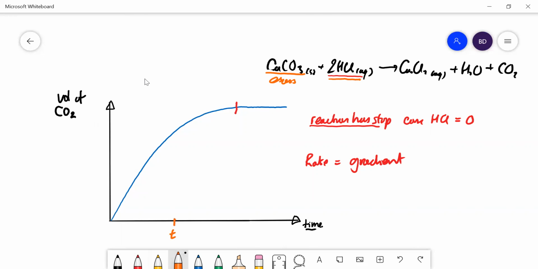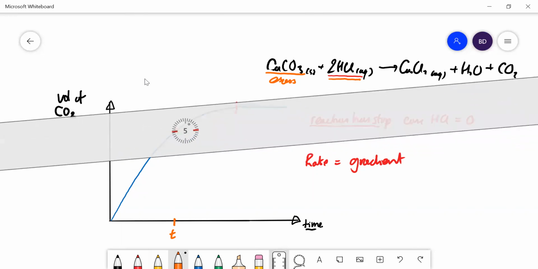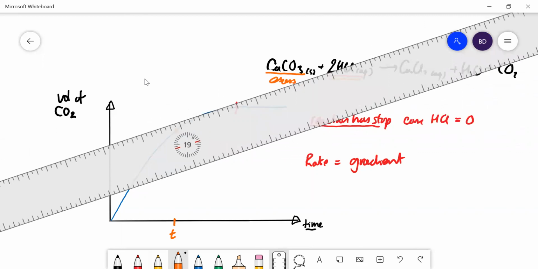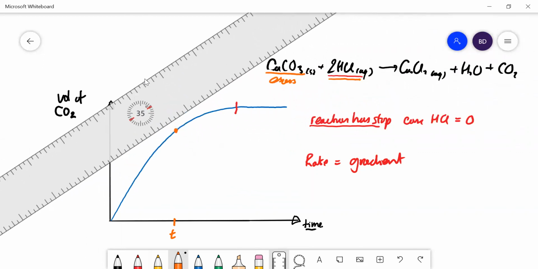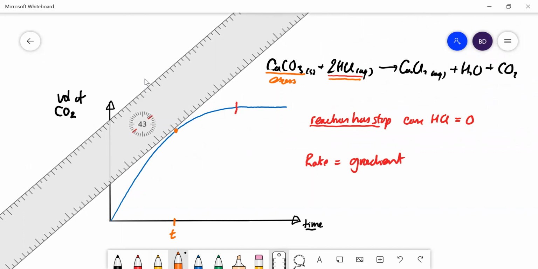You want to find out, so what you would do is, there's time t, and you have to get a ruler and you have to draw a tangent to that line. So a tangent to that at that point would be, I'd say, about there, like that.